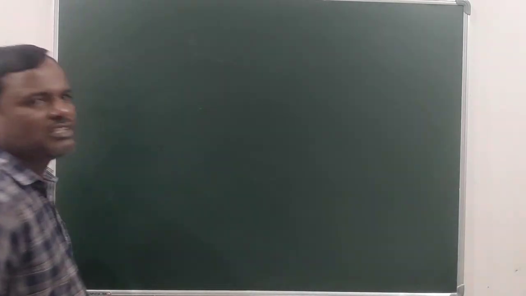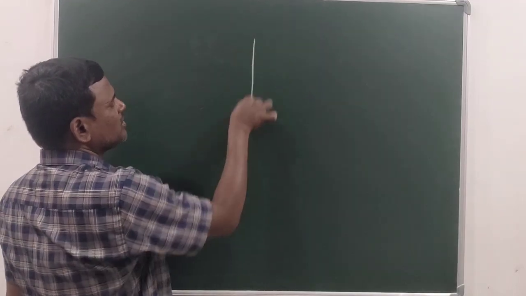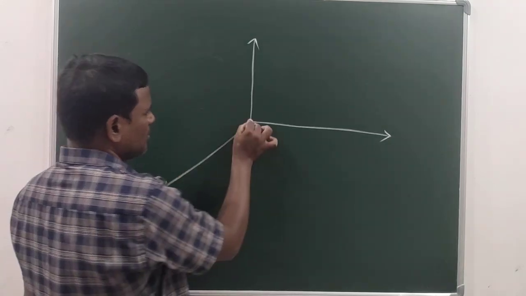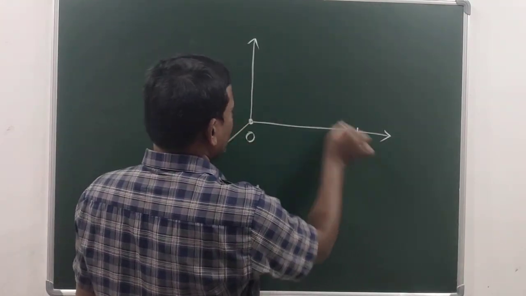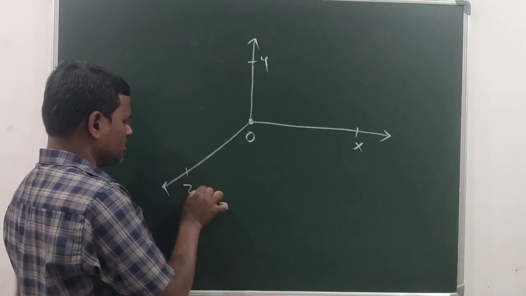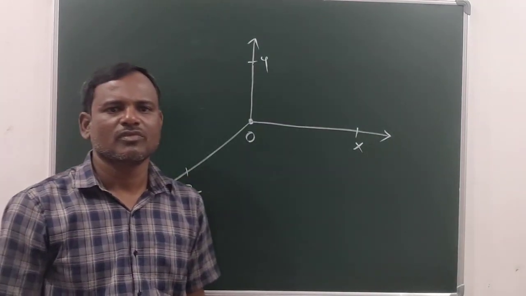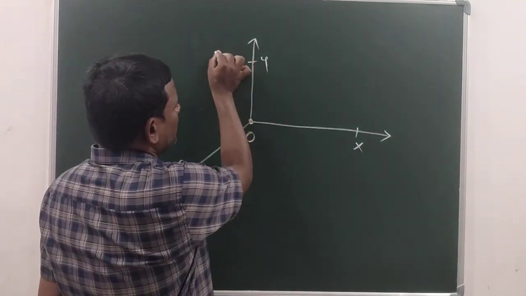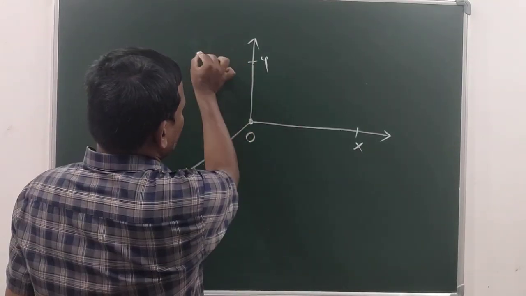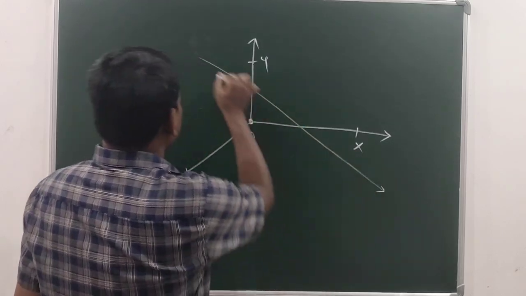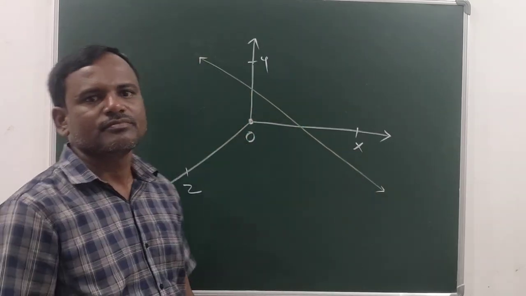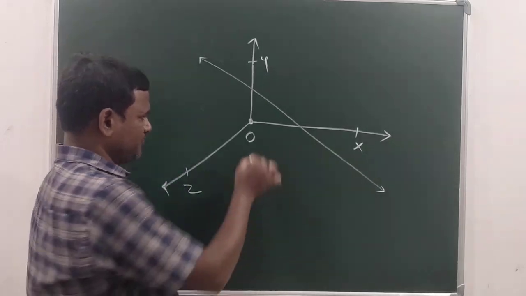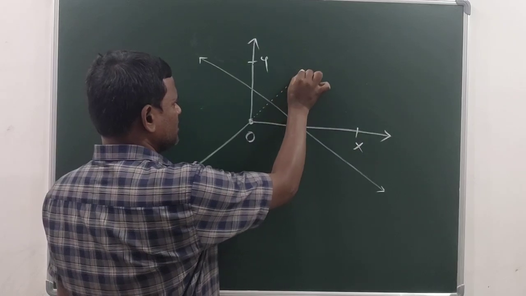You know, students, for example, consider the 3D system like this. This is the origin and x, y, z axes. I would like to draw here. I am taking a line through this 3D space. Okay, I have taken a line, a rough diagram. If you want to extend this z-axis, you can.